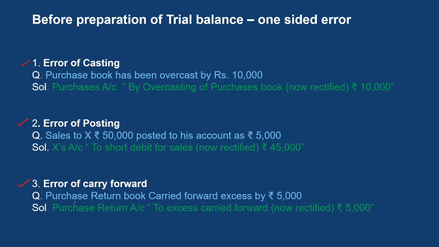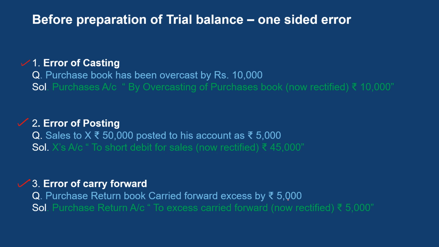Now, the question is, the purchase return book is carried forward excess by 5,000. So when there's a purchase return, you debit the supplier and credit the purchase return. But while carrying forward from one page to another, you carried forward 5,000 extra. So to the credit, 5,000 extra has gone to the purchase return.